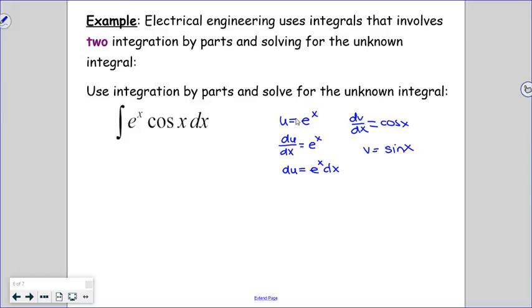So what I'm going to do is come over here and say that the integral of e to the x cosine x dx equals, and then do my integration by parts here, which would be, let's see, e to the x sine x minus the integral of e to the x sine x dx.